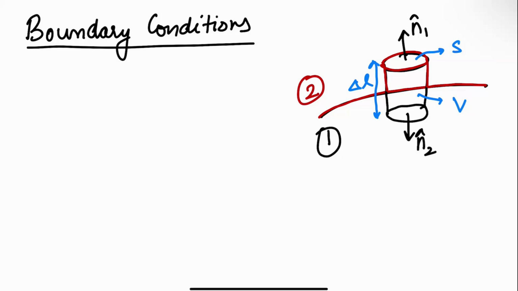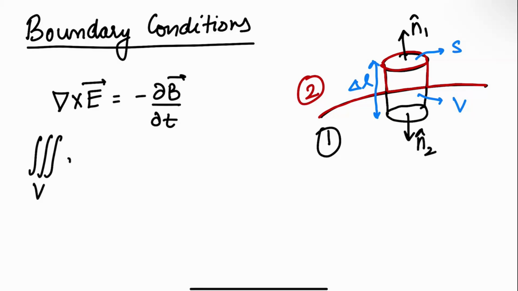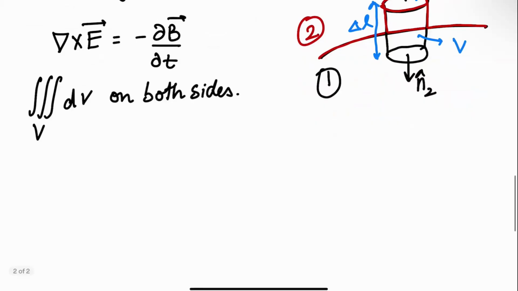And now we'll start with Maxwell's equations. So we have Faraday's law, which says curl of E equals minus dB/dt. And what I'll do is integrate on both sides over this volume of the cylinder. So what does that give us?